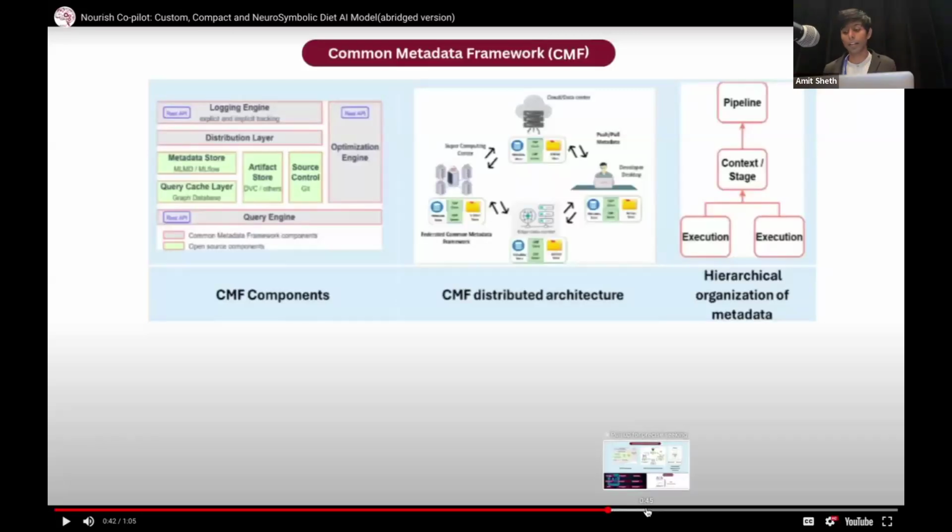Yeah, finally, when we are building a neurosymbolic AI system, customized and compact AI system, we need something like an automated ML flow pipeline. Today, what Hugging Face and other similar platforms allow you to do is they have a very mature pipeline for you to build your own model, save the weights, load the weights, do inference, transfer it to some other domain where you want to use the same model for a similar use case and so on.